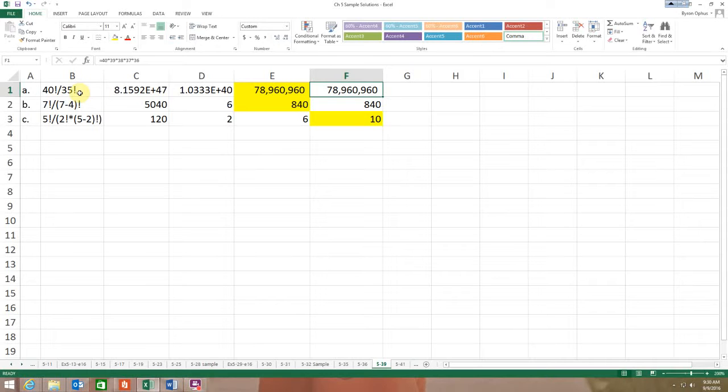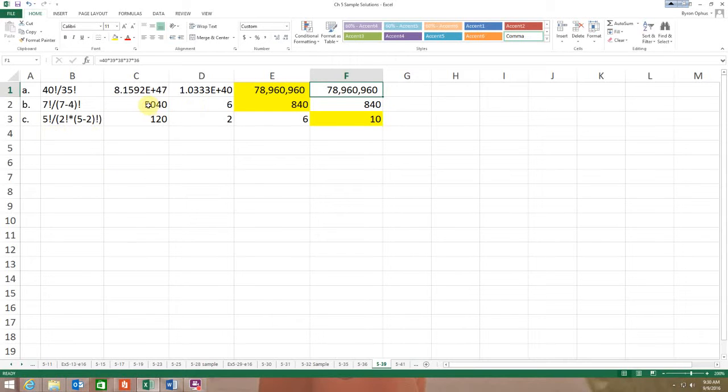And so on the bottom you'd have 1, and then on the top you'd have 40 times 39 times 38 times 37 times 36, and that's pretty manageable. And you can see up here I put that in the formula, 40 times 39, 38, 37, 36, and I get the same answer. And so I just wanted to show you that there's a couple different ways that you can do that.